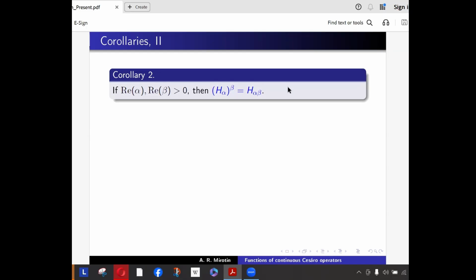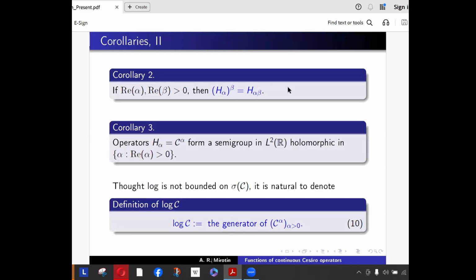This is corollary 2, and corollary 3 states that these operators H alpha form a holomorphic semigroup in the right half plane. We consider this semigroup of operators with respect to alpha. If alpha runs over the right half plane, we get a holomorphic semigroup of operators.